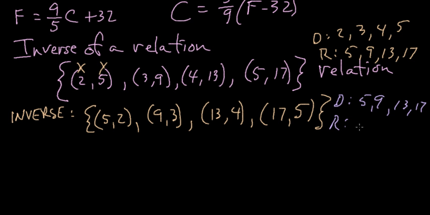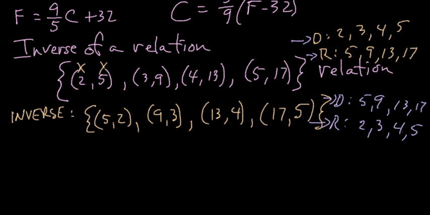And the range is 2, 3, 4, and 5. Now, what do you notice about the domain of the first relation and the range of the second relation? You notice the domain of the first becomes the range of the second. That kind of makes sense, doesn't it? Because you're talking about x and y, and we're swapping the two. So that's how we find the inverse of a function.